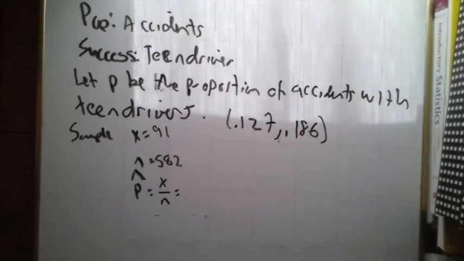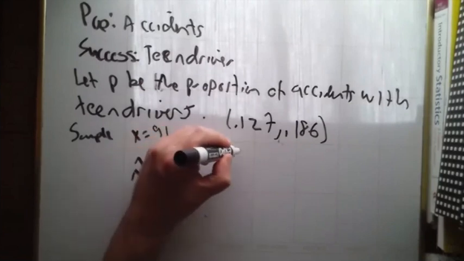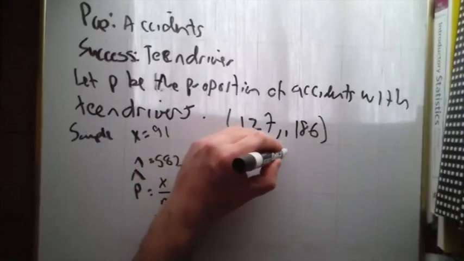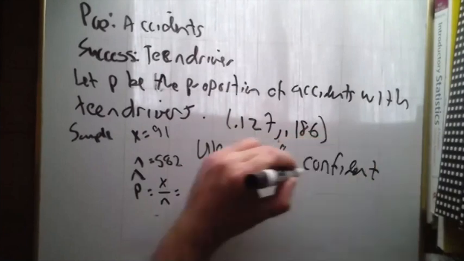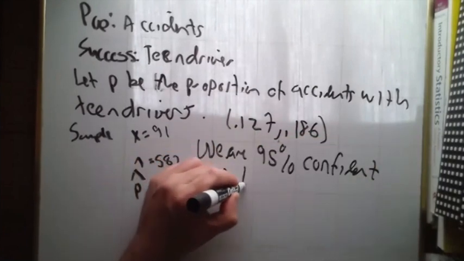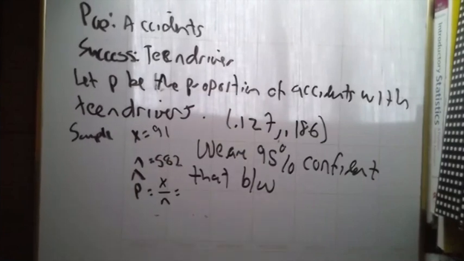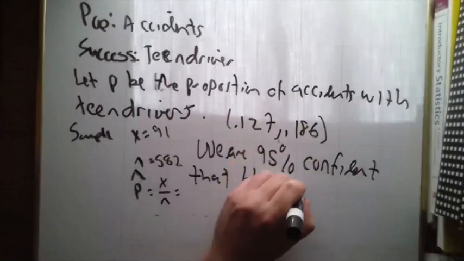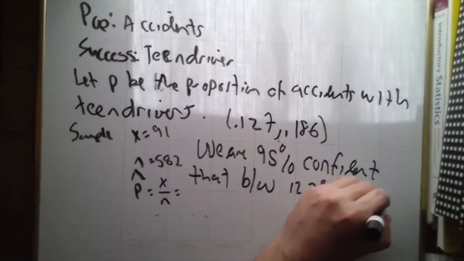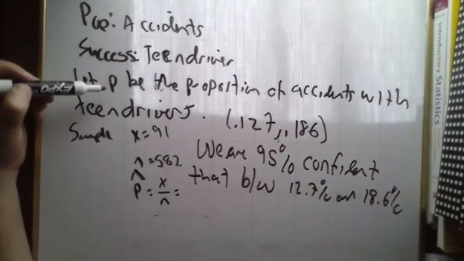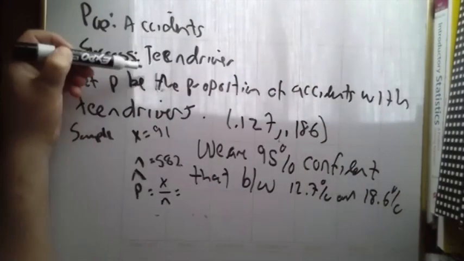Okay, now we just have to write a sentence. And that's always, we are, in this case, 95% confident that between, don't forget the word between, because this is a range of values, lower and upper, 12.7% and 18.6% of these did that.